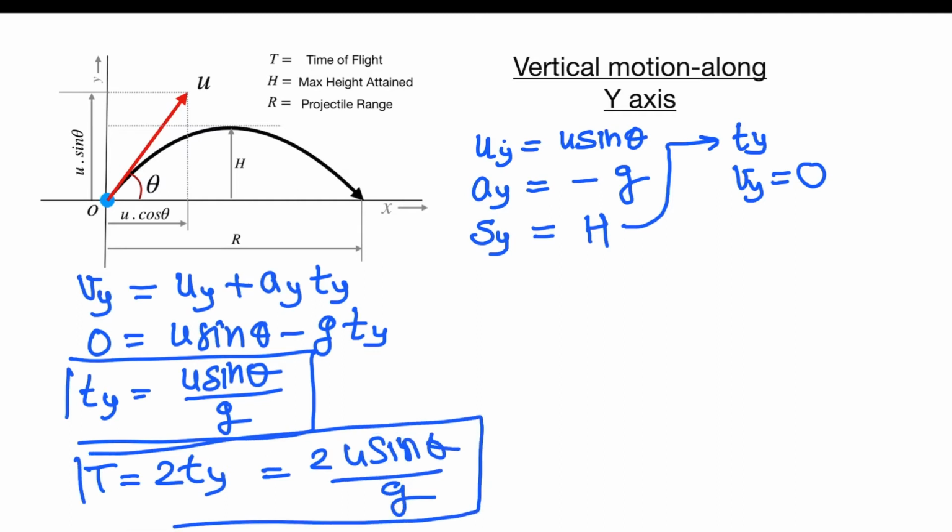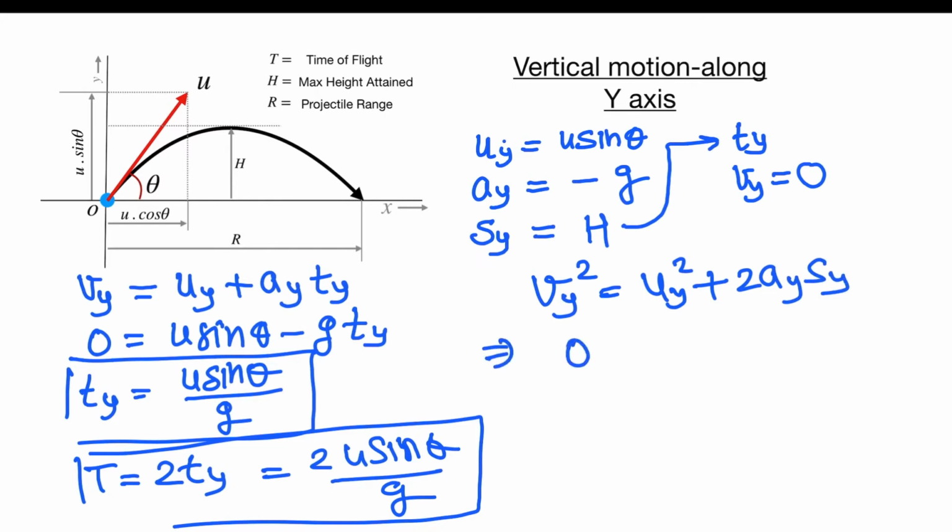Now we can find the maximum height attained by using the formula vy squared equals uy squared plus 2 ay sy. On putting values, this will be 0, this will be u squared sin squared theta minus 2gh.